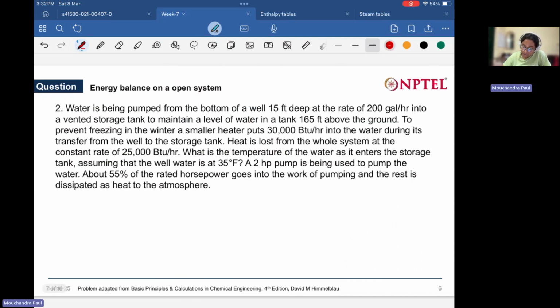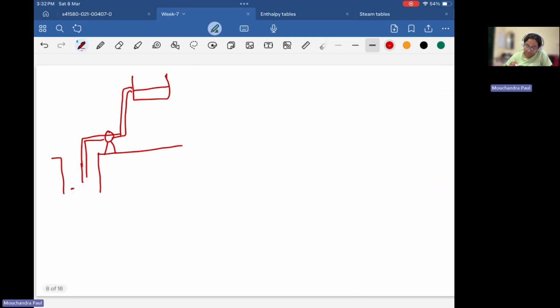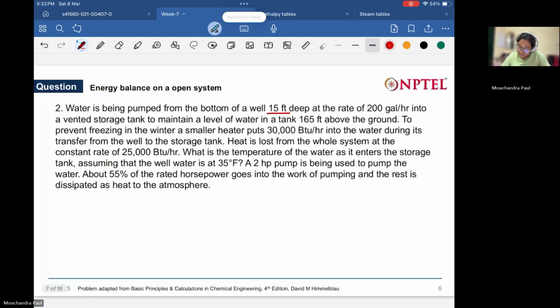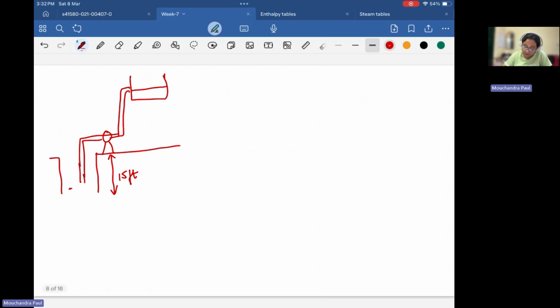So the question states that the water is at 15 feet deep. Okay, so 15 feet deep, whereas the tank is 165 feet above the ground. This is your water pump.